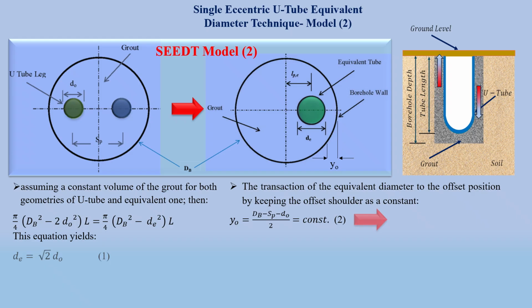If we use it to present the value of L sub PE, which represents the distance between the center of the equivalent tube and the center of the borehole, it can be obtained in the form L sub PE equal to half times d sub b minus 2 u naught minus d sub e, which is represented by equation number 3.